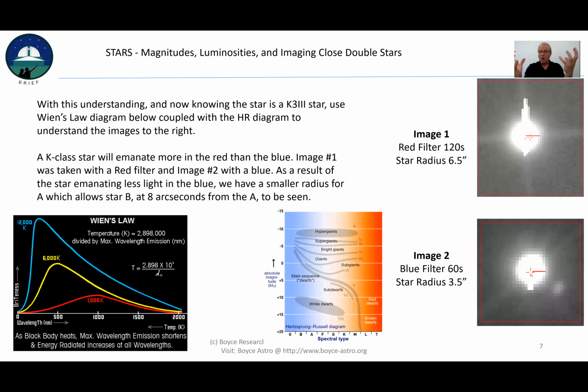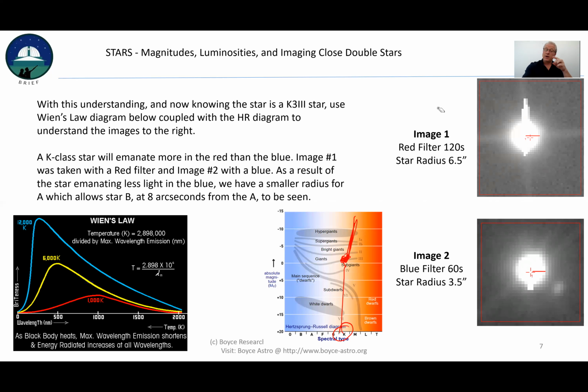Now, if I bring all of this together, looking at the HR diagram, I have a K3, which is right here on the HR diagram. It's a redder star. If I use a filter that allows a lot of red light through, such as a red filter or a hydrogen alpha filter, I am going to be giving a lot of light through here.